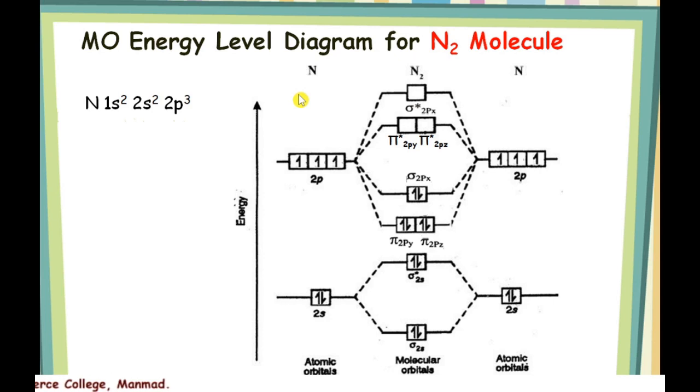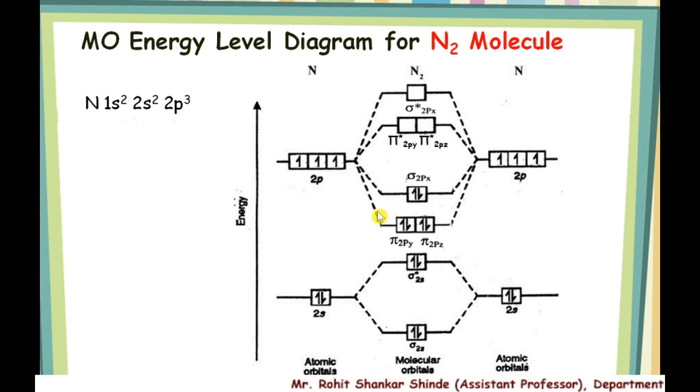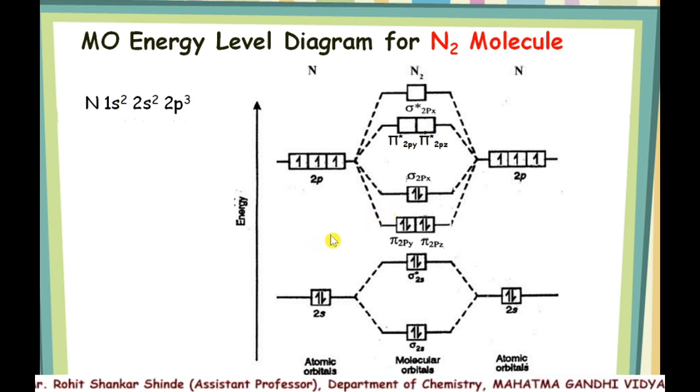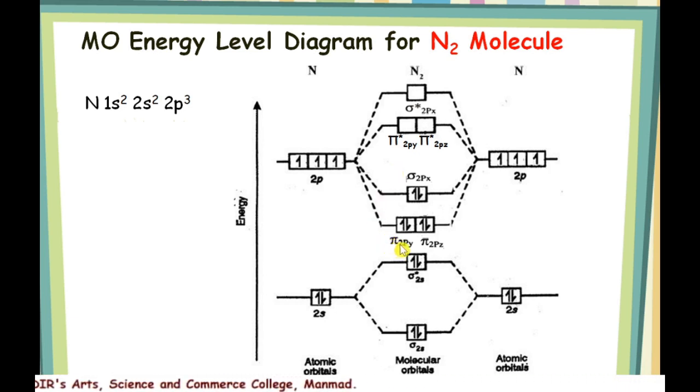If less than or equal to 14 electrons are present in a molecule, then the sequence of energy levels of molecular orbital is as shown in this diagram. In this molecular orbital diagram, sp interaction takes place, and hence sigma 2px has higher energy than the degenerate molecular orbitals, that is pi 2py and pi 2pz.